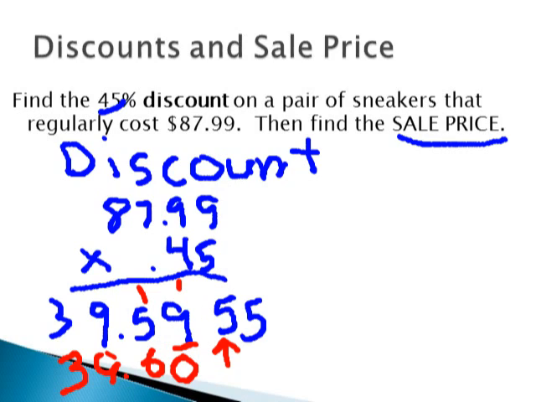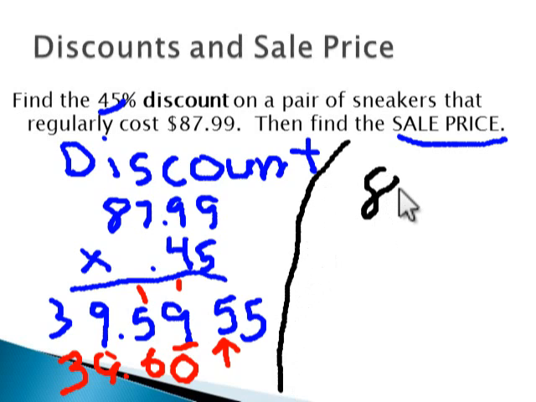So now we have to find the sale price. So to find the sale price, we take the original price, $87.99. And this time we're going to subtract the discount.